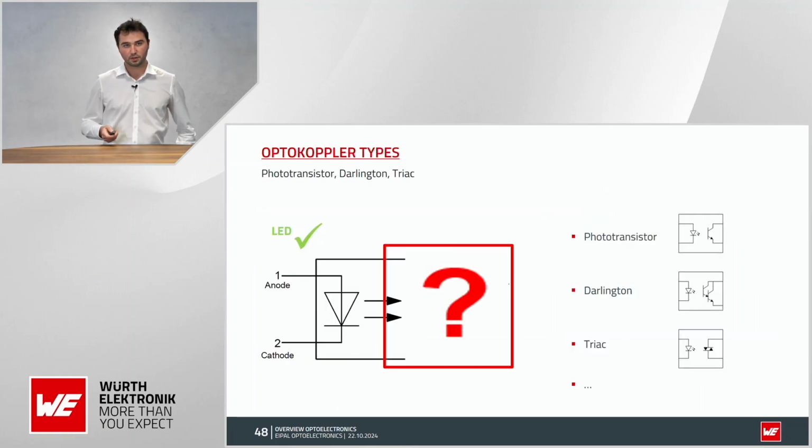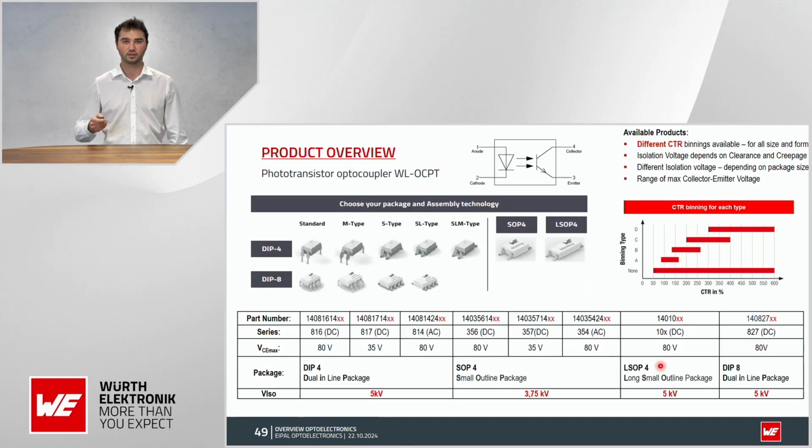So there are different types of optocouplers, phototransistor, Darlington and Triac, that are already released in our portfolio. Of course, there can be more in the future. Most of the time you use the phototransistor type optocoupler. We have this in all the different standard series that are also common on the market, and different package sizes and different CTR bindings.